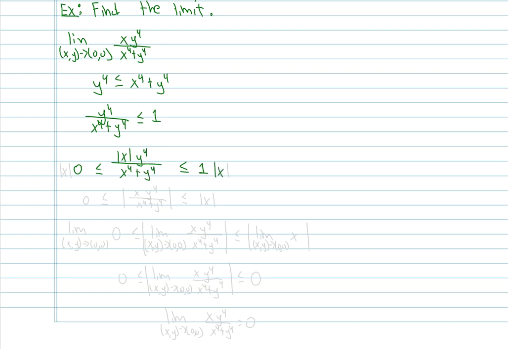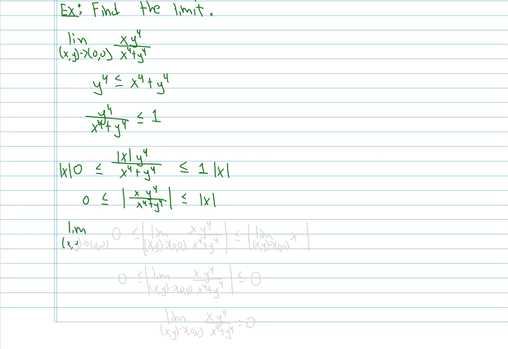Now notice, if we multiply just by the absolute value of x, because the absolute value of x will always be positive, it won't change the order of this inequality. However, we get something real nice when we do so. Now, would you agree that x to the fourth plus y to the fourth being divided by y to the fourth, or vice versa, will always be positive, therefore it can be inside of the absolute value.